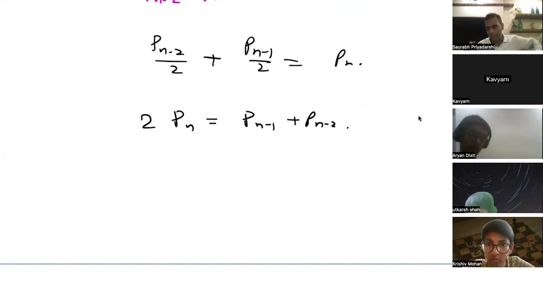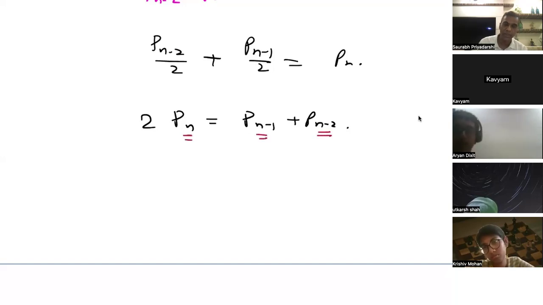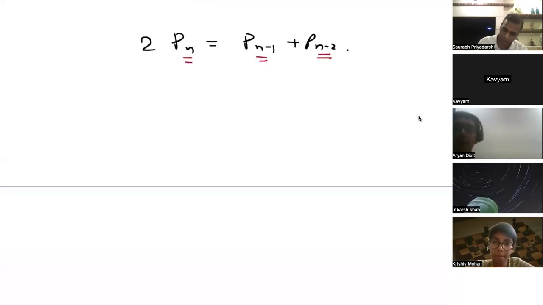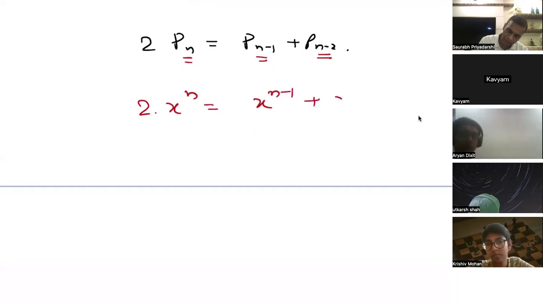The characteristic equation of this will be formed as: this is n minus 2, this is n minus 1, this is n. So you take 2 into x to the power n is equal to x to the power n minus 1 plus x to the power n minus 2.